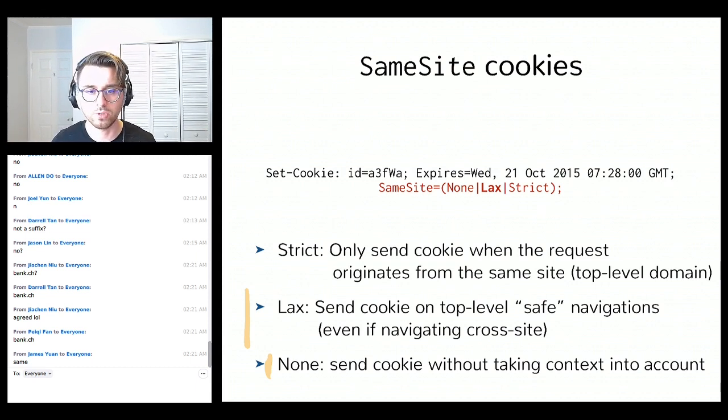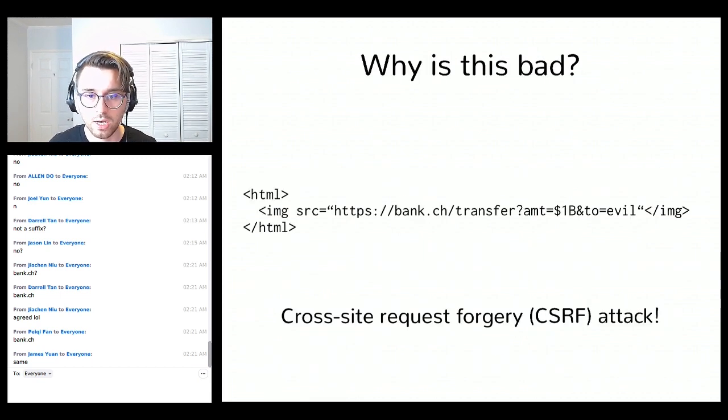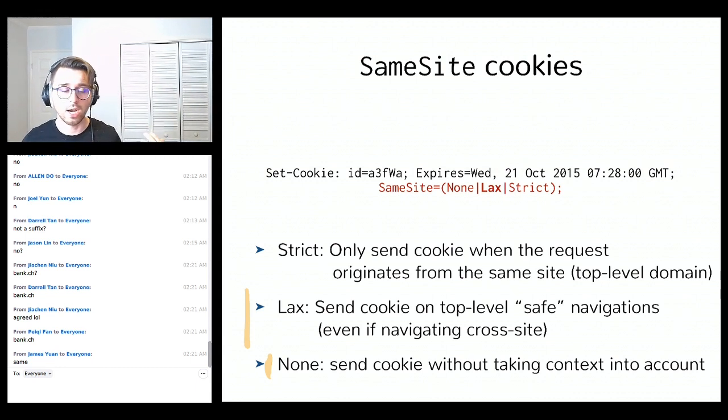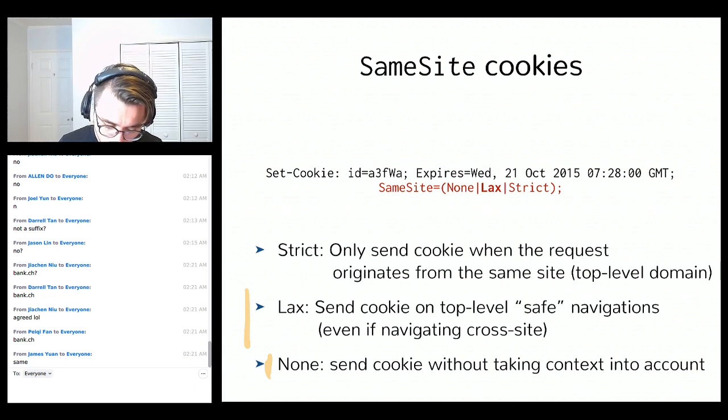But if we try to, say, embed an image the way we did in this example, the cookie won't be sent. It'll be treated as a cross-site request, so we're not going to send any of those cookies.